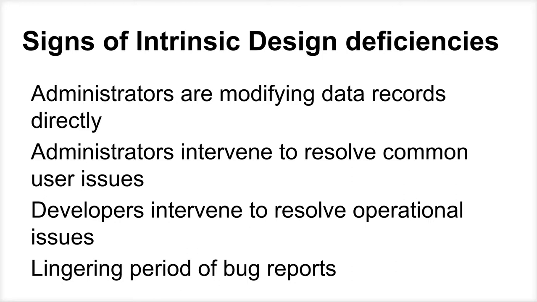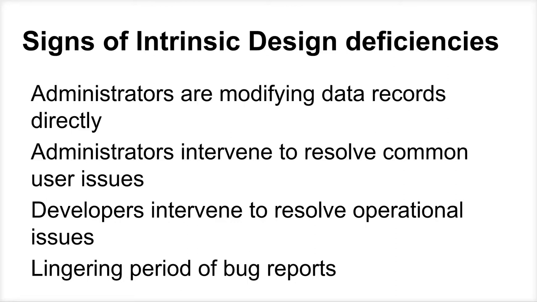Signs of deficiencies. Administrators are modifying data records directly. That's fairly common. Obviously, if they're doing that, then there's a deficiency in the user interface design. If administrators intervene on behalf of users, that's a sign that something is missing. And particularly if developers intervene to resolve operational issues, that's a clear sign that something is missing from the design.